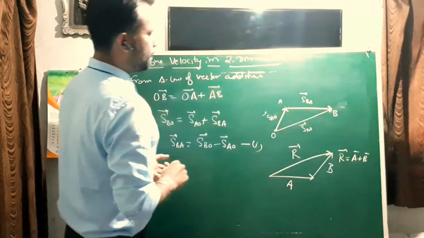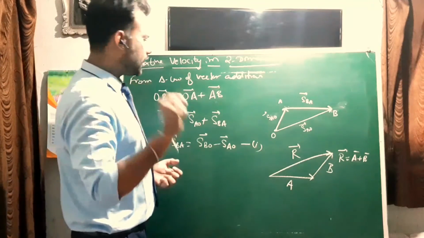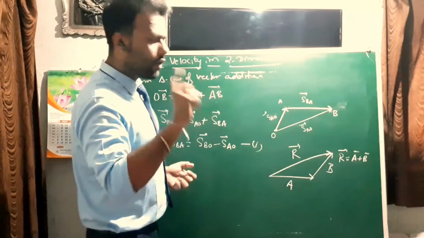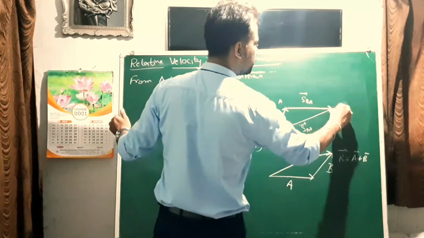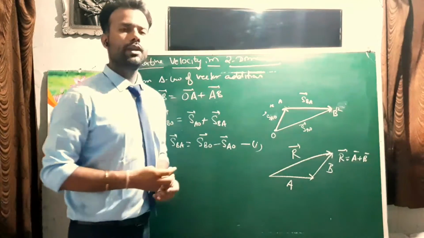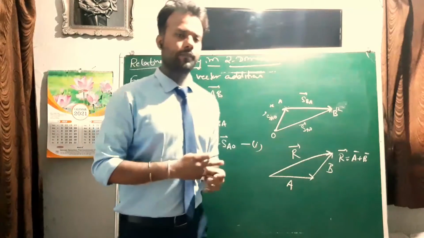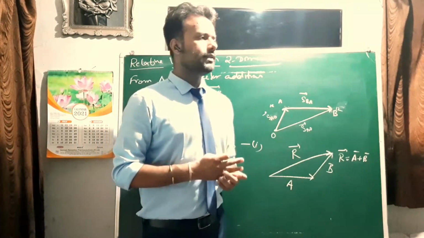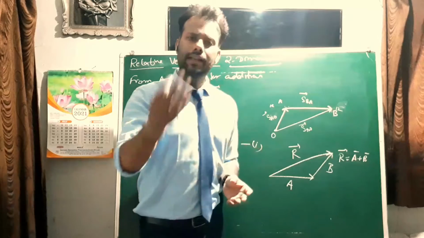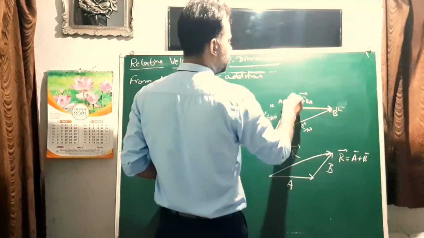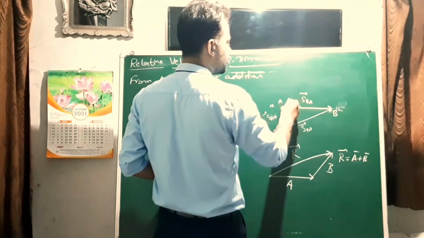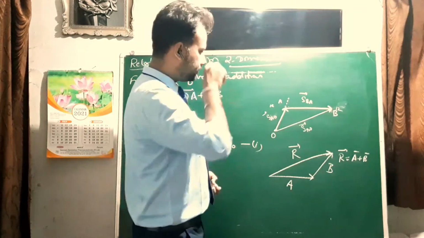Now consider a small interval of time del t. That means you have reached here at, let's suppose, 12 o'clock. You both reach here at 12 o'clock and you keep on moving. So after, let's say, 10 minutes, at 12:10, you have covered some more distance in this direction, right?